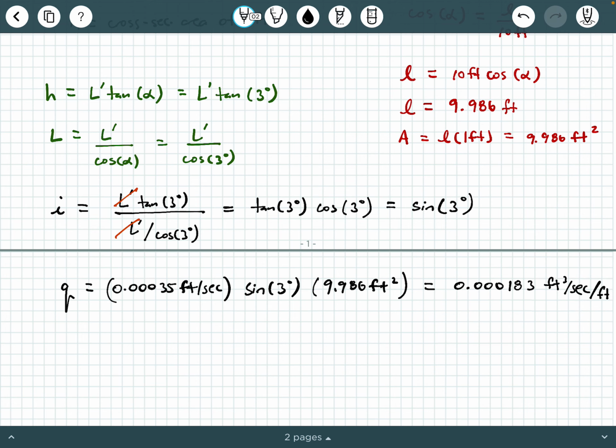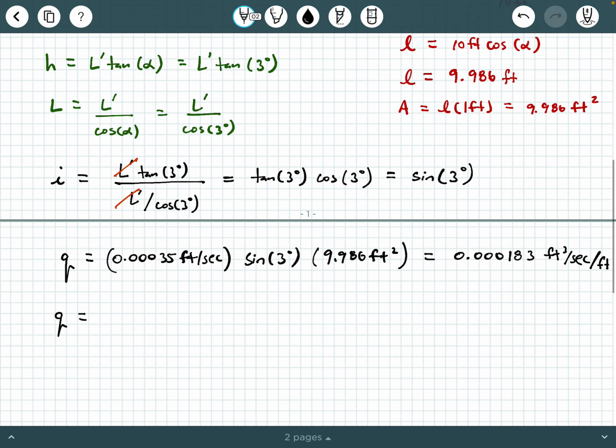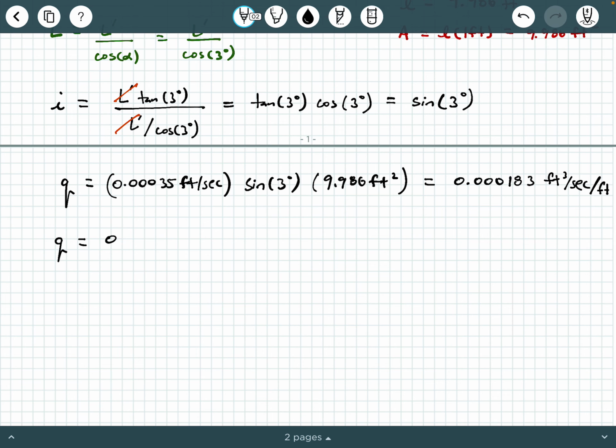Now, the problem asks for this in terms of cubic feet per hour per foot, right? So we just have to do a little time conversion. So I'm going to do that here, 0.000183 cubic feet per second per foot. And how do I go from 1/seconds to 1/hours? Hopefully that's pretty easy enough. We can just say we've got 60 seconds per minute.